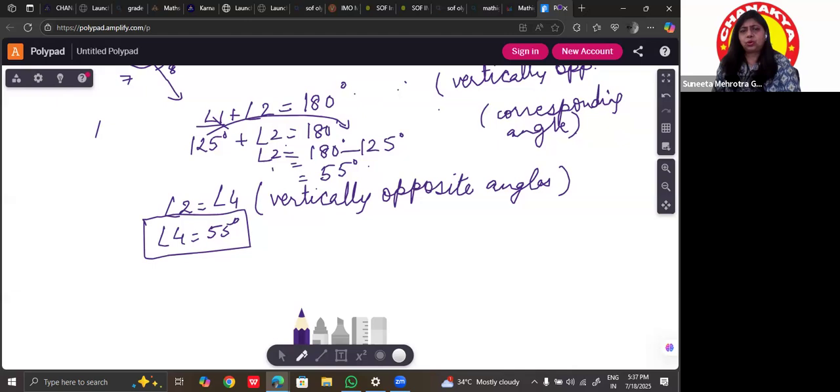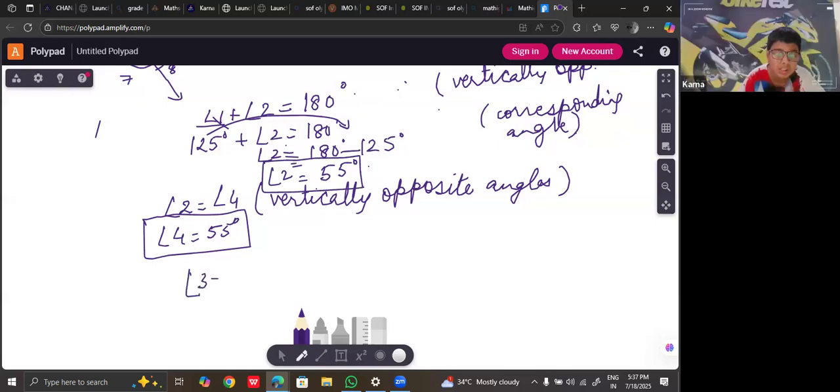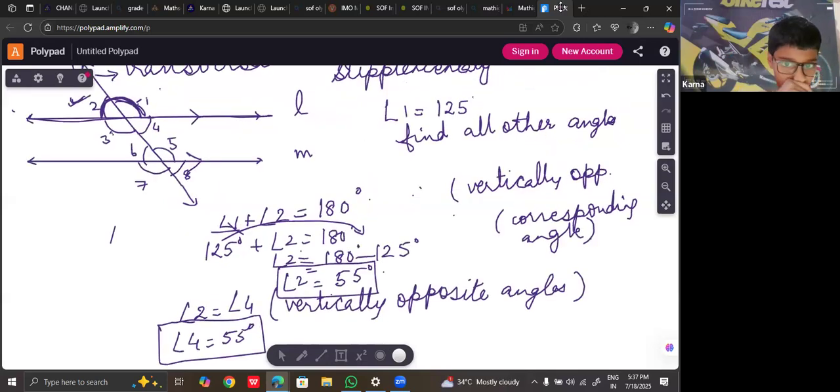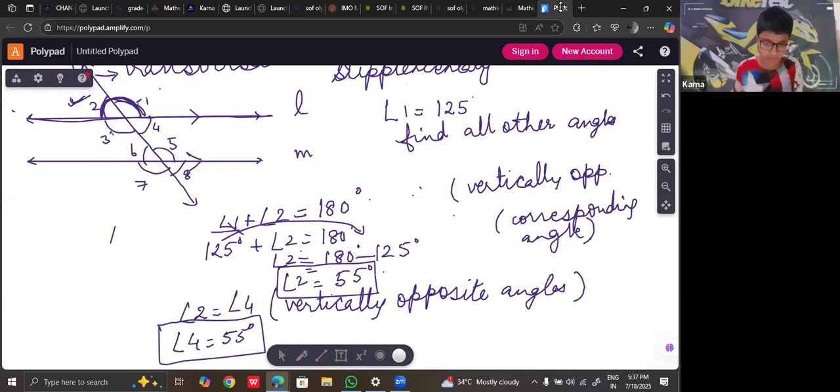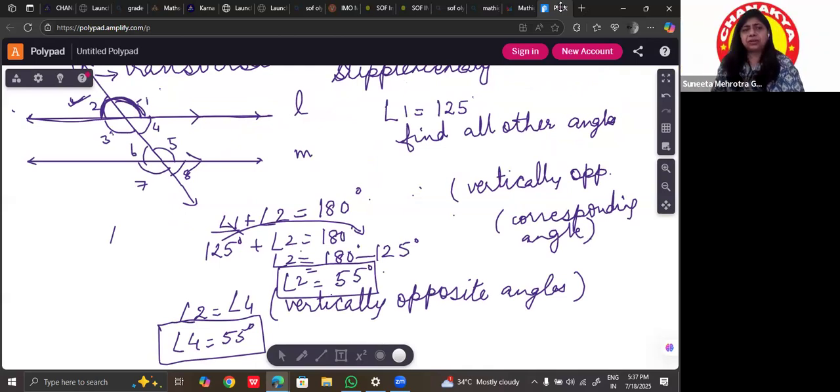So angle 2 is already done. What about angle 3? Do it in sequence. Angle 3 is equal to what? Ma'am, can you show the figure once? Angle 3 is equal to what? Ma'am, same 125 degrees, which is equal to angle 1 or angle 6.